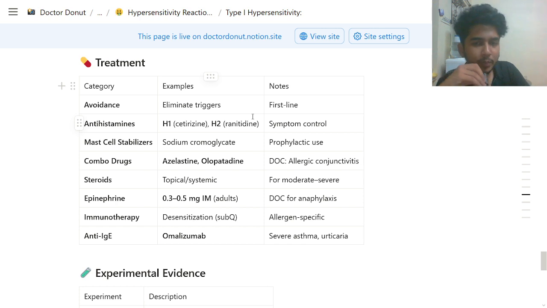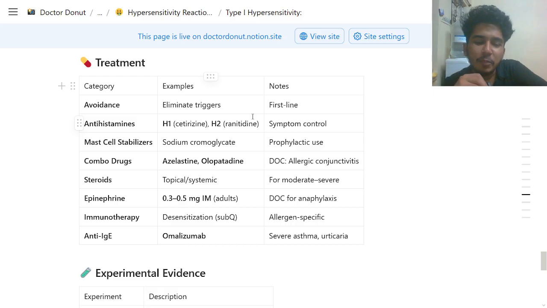So always prefer PPIs for acid suppression. Then you have mast cell stabilizers like sodium cromoglycate, which is used as a prophylactic. And then you have combo drugs like azelastine and olopatadine, which is the drug of choice for allergic conjunctivitis. Then you can use steroids if it's moderate to severe.